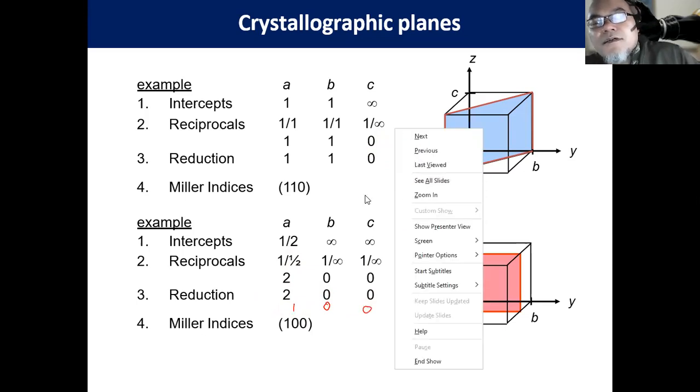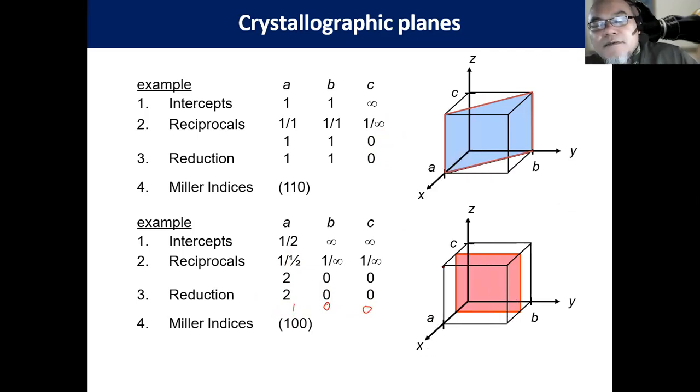So if you look here, 1, 0, 0 is basically another plane, if we go backward, that is also here. So this 2, 0, 0 plane is basically equivalent to this plane, as well as this plane, which is also 1, 0, 0, equivalent to 2, 0, 0.